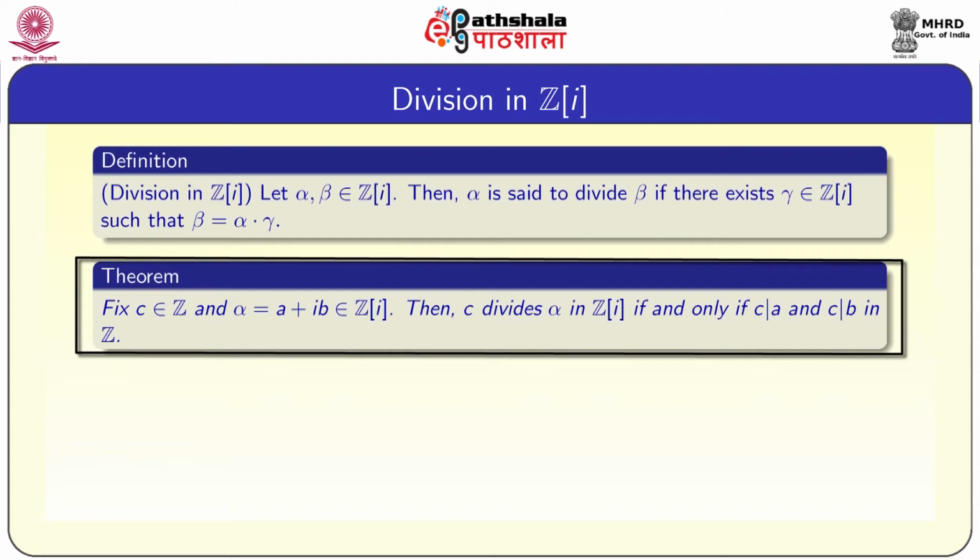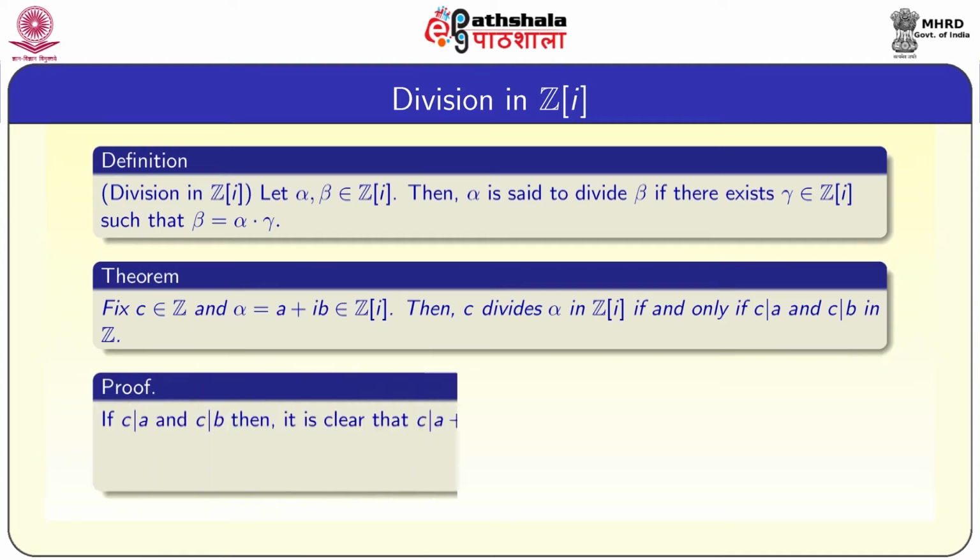Then c divides alpha in Z[i] if and only if c divides a and c divides b in Z. That is, an integer is going to divide a Gaussian integer if and only if it divides both the parts, the real part and the imaginary part, which are also integers. That is why we look at c dividing a as well as c dividing b in Z.